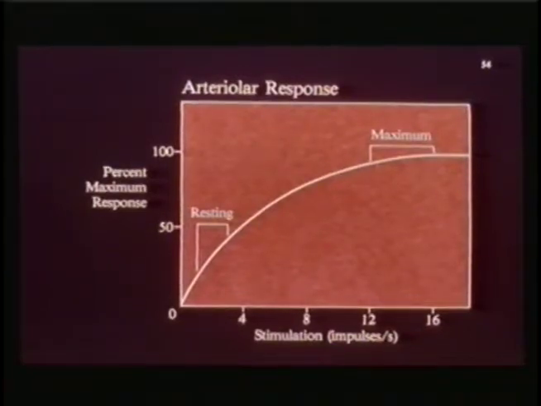This tonic resting activity produces an arteriolar resistance that is 20 to 40% of the maximum attainable response. Vascular resistance reaches its maximal value at a stimulus frequency of 12 to 16 impulses per second. This represents a 5 to 8-fold increase in resistance and a comparable decrease in flow.